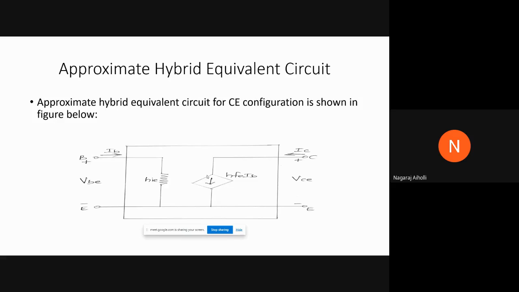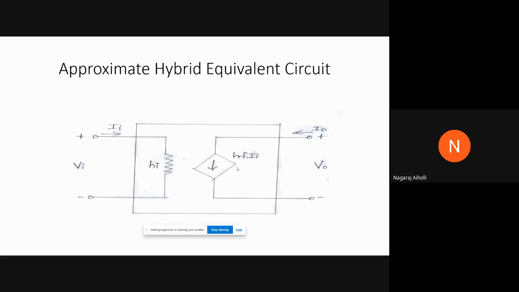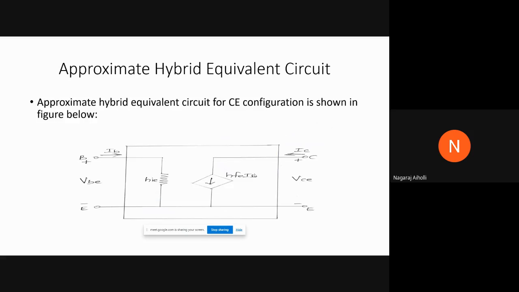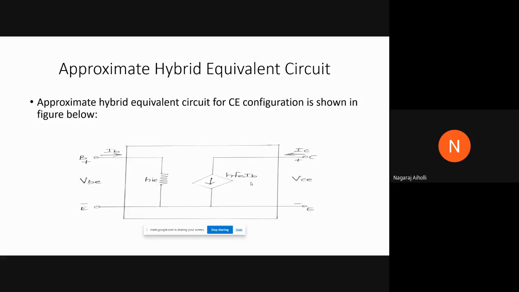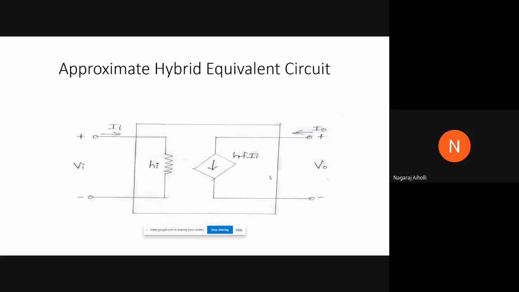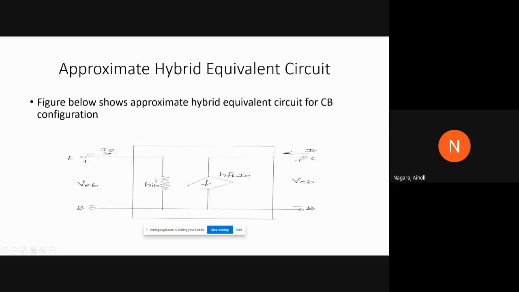Next, we'll see the approximate hybrid equivalent circuit for common base configuration. This is for common emitter. This is our approximate hybrid equivalent circuit, a general one, which gets slightly modified for common emitter, common base, and common collector. Similarly, we can have it for the common base configuration. Just note here, HI will become HIB, HF will become HFB, and the input current for the common base configuration is IE.